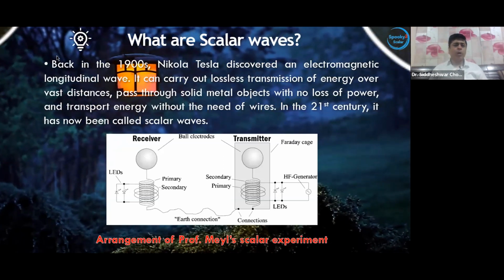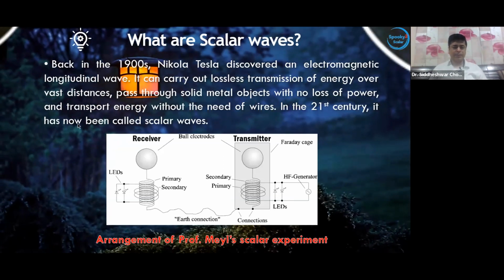So basically, what are scalar waves? Back in the 1900s, Nikola Tesla discovered an electromagnetic longitudinal wave. It can carry out lossless transmission of energy over vast distances.